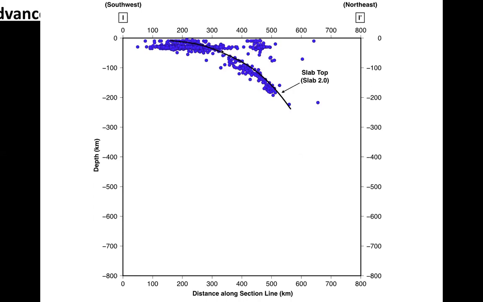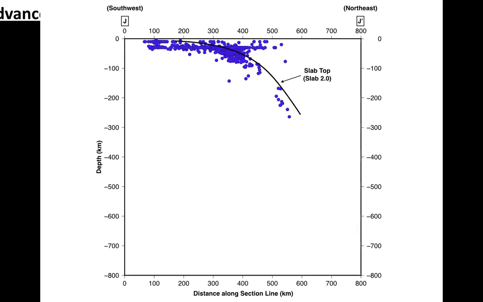Also, just north of this location, a prominent slab tear has been proposed to exist, likely due to this increasingly oblique motion. As we move to the north of this, the orientation has changed again, seismically active to a little bit deeper, and the geometry indicates a steeper dip.